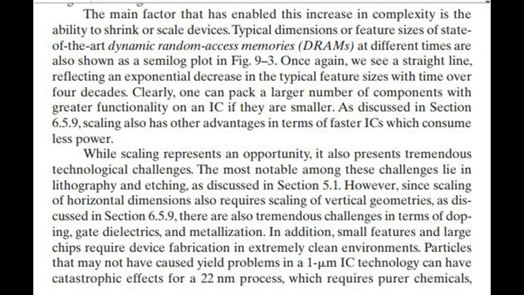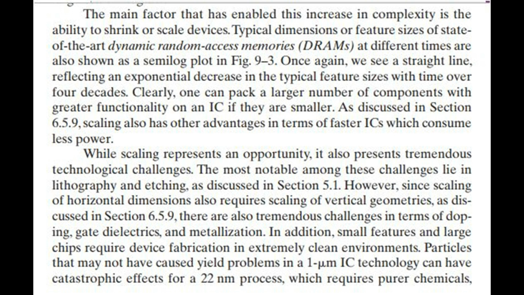The most notable among these challenges lie in lithography and etching, as discussed in section 5.1. However, since scaling of horizontal dimensions also requires scaling of vertical geometries, as discussed in section 6.5.9, there are also tremendous challenges in terms of doping, gate dielectrics, and metallization.